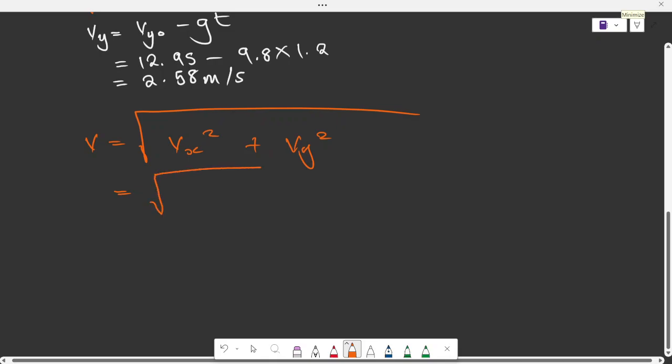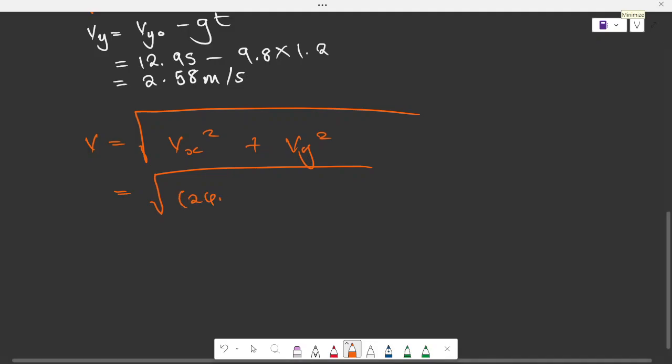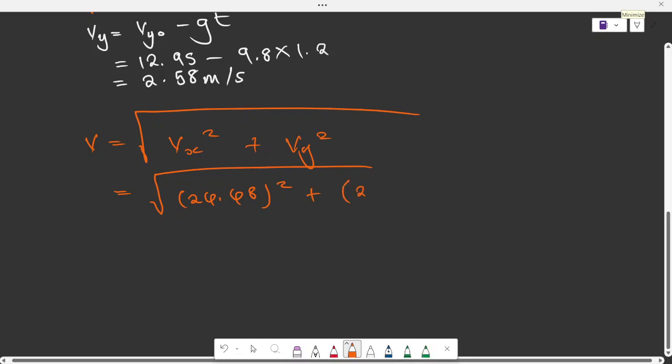Replacing in this equation, we know that our vx is 24.48 squared plus what we just found to be the value for our vy, 2.58, squared. What we are getting after we perform this calculation is 20.6 meters per second.